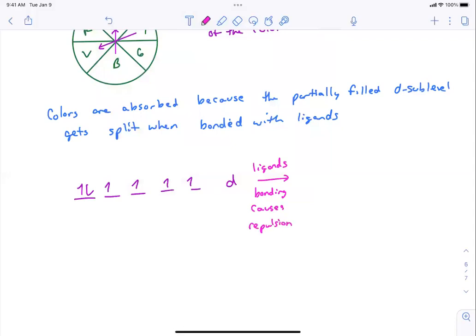It actually causes these d orbitals to split in energy. So they become something like this. They're still the same average energy overall, but now there are some that are a little bit higher and some that are a little bit lower. And now the electrons fill in here.